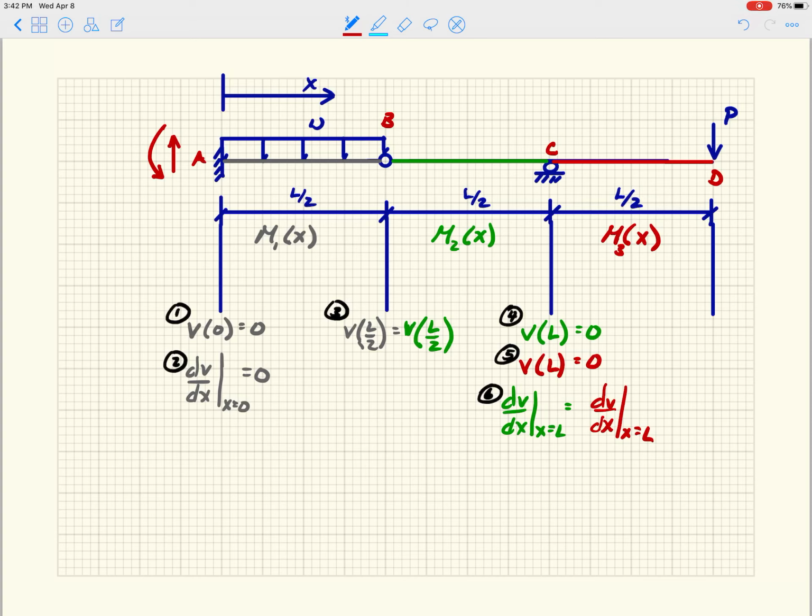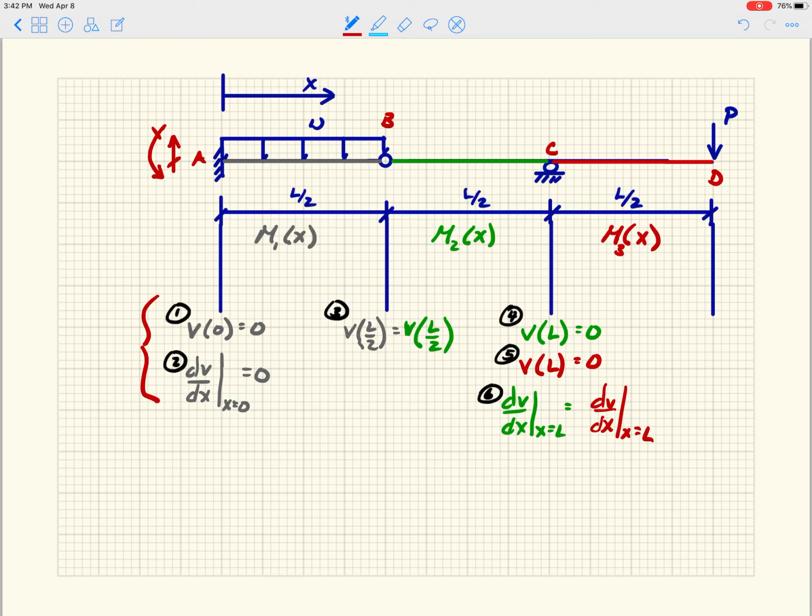Just drawn positive right-hand rule, positive up. Because I have both of those reactions, I know that the displacements associated with them, vertical translation and rotation, have to be 0, right? Because I don't know what the reactions are, but I know that their corresponding displacements are 0.